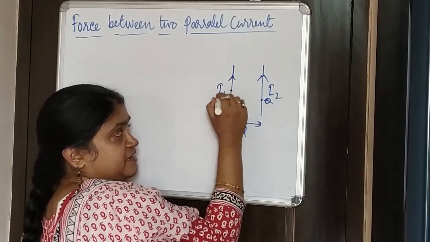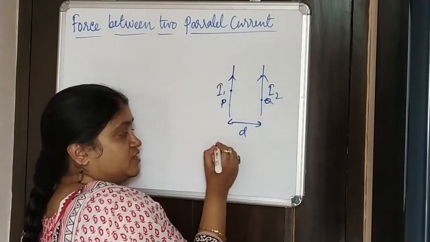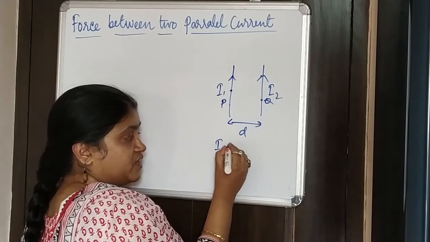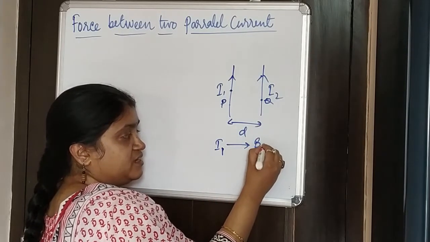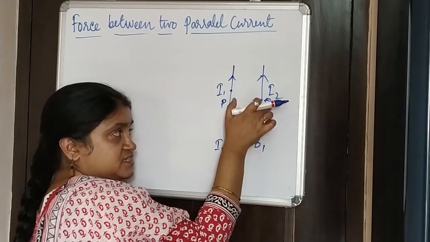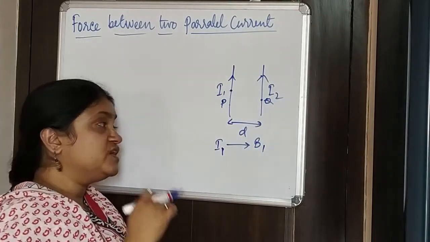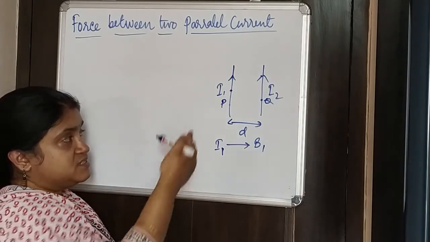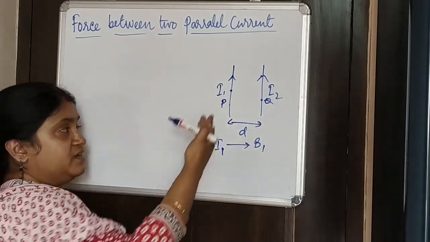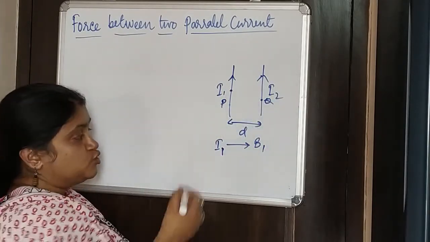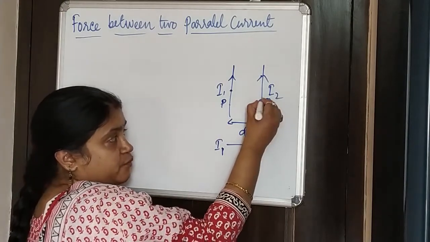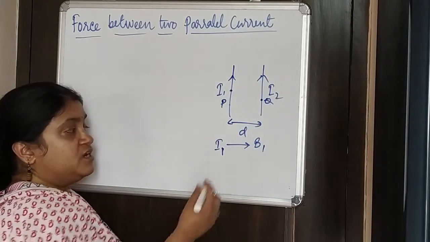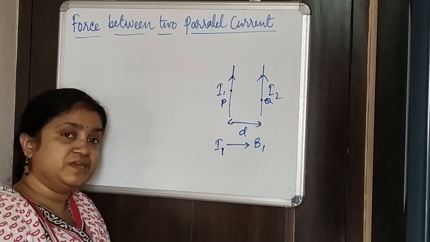There will be a magnetic field B1 at a distance D. As we have already seen, any current that passes produces a magnetic field at a certain distance. So at a distance D, at a point Q on I2, there will be a magnetic field B1.